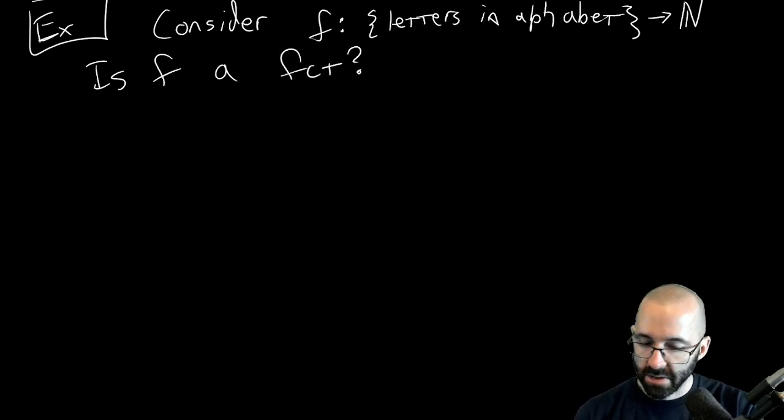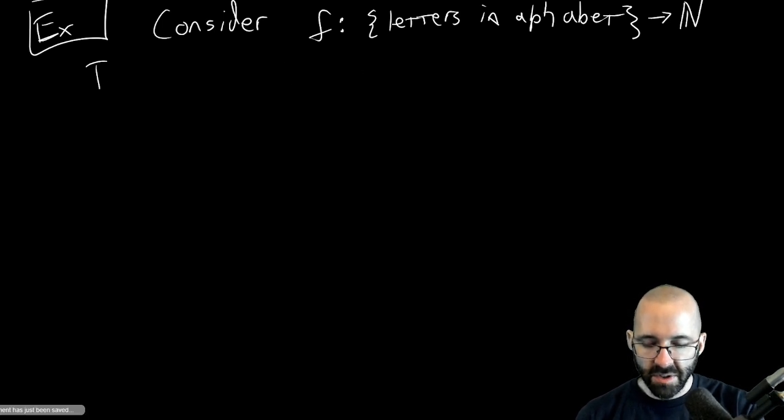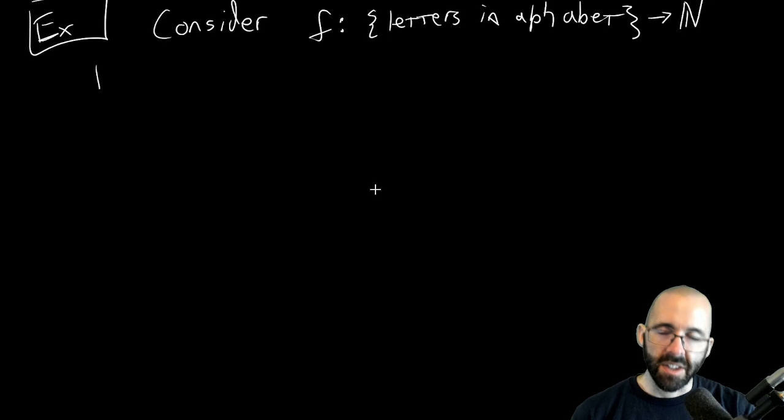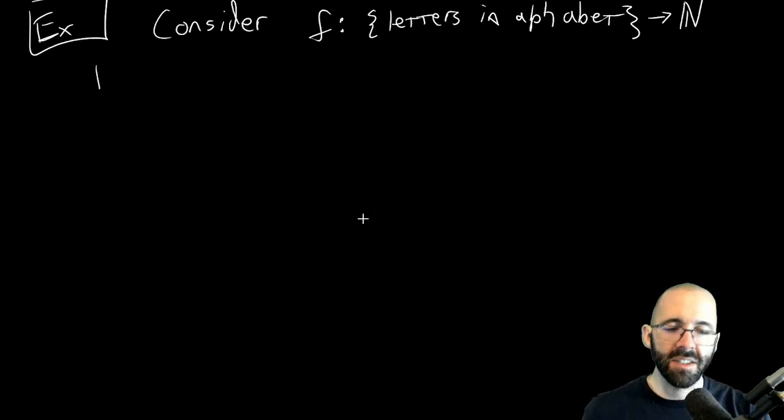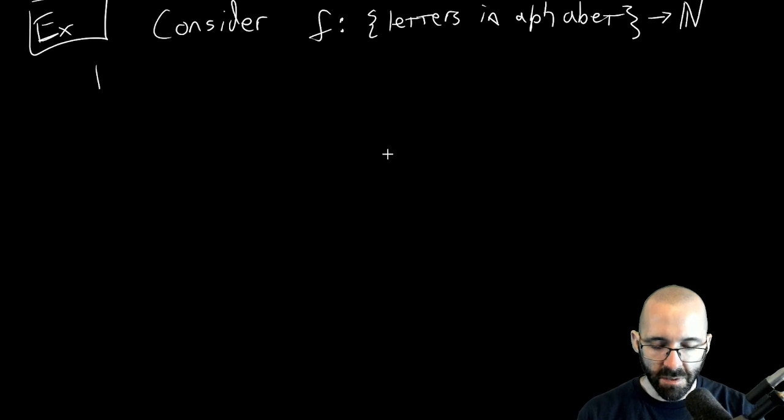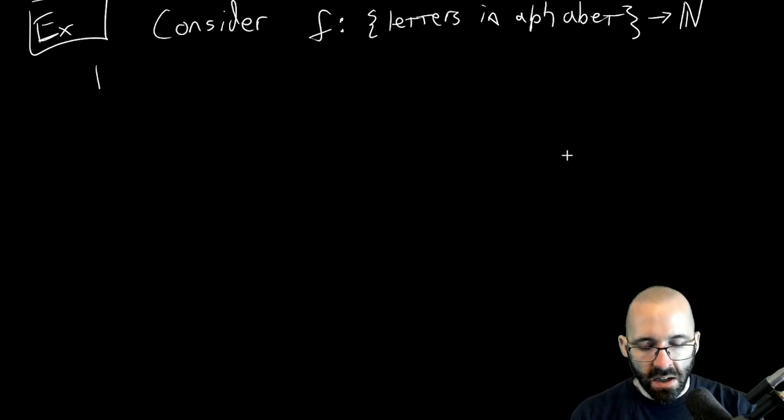Oh, and oh my gosh, I'm really out of it. Before we ask if f is a function, I have to really tell you what the rule is. So I've declared the function, I've given you the domain, I've given you the codomain. I just have to describe the relationship, the relation here.